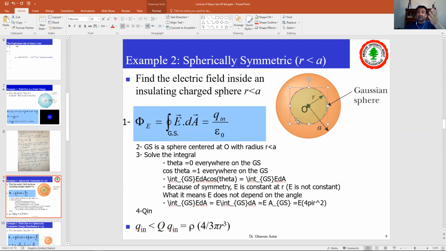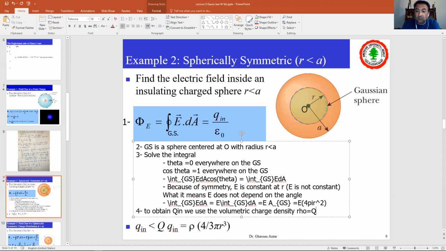And so what we said, this is now the volumetric charge density. So to obtain Qn, we use the volumetric charge density, rho, which is equal to total Q divided by the total volume as well.